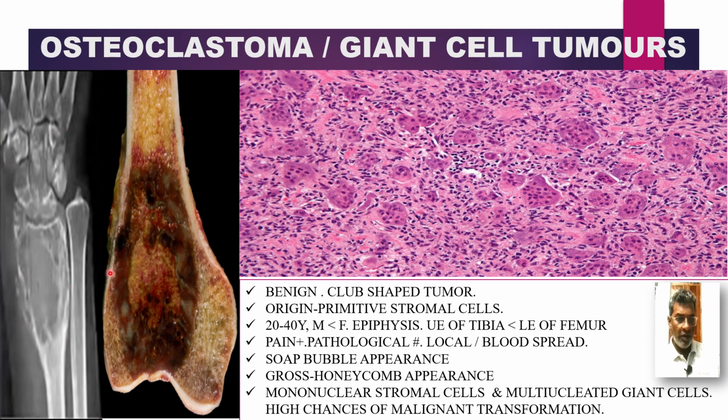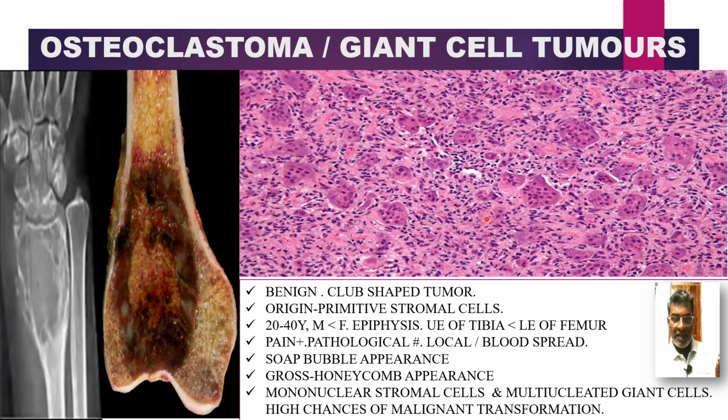Okay, this is all tumor. See this tumor. On radiology, it will give a soap bubble appearance, and on gross examination, a honeycomb appearance. And on microscopy, you can appreciate the multinucleated giant cells and the mononuclear stromal cells.